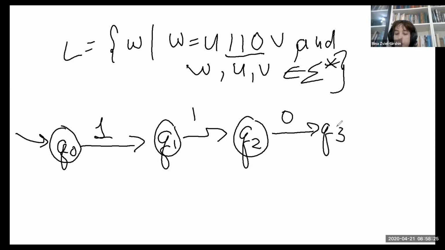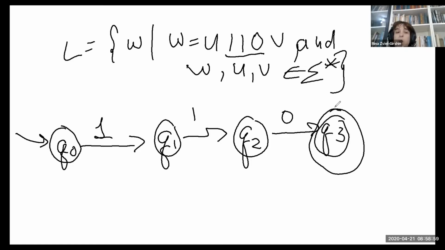If I manage to find 110, I know that I should draw an accepting state. So basically, now I have the main part of the automaton, and I can see that my automaton accepts 110. The problem with my automaton is that it's not deterministic.